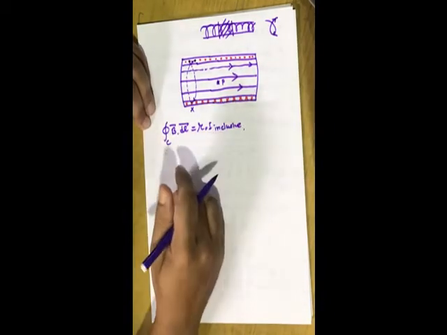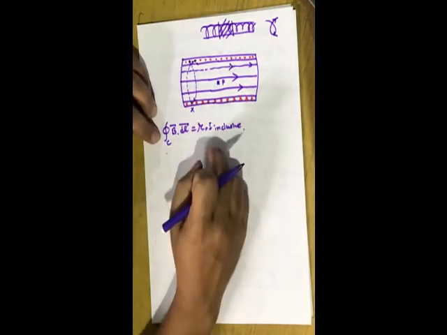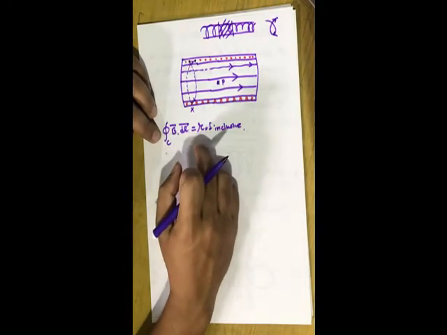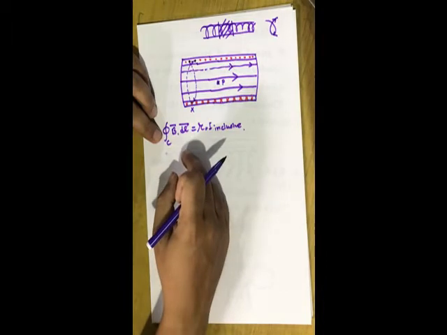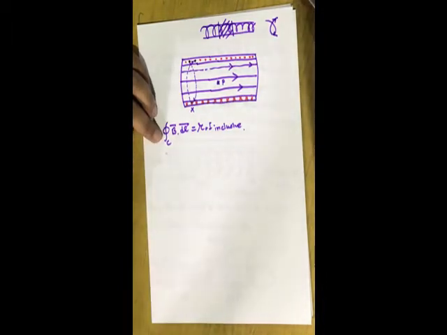As I told you in the previous class, in order to apply Ampere's law, first we have to consider an Ampere's loop, and we have to choose it such that it encloses the current element. Otherwise there is no point in using Ampere's law to calculate the magnetic field.